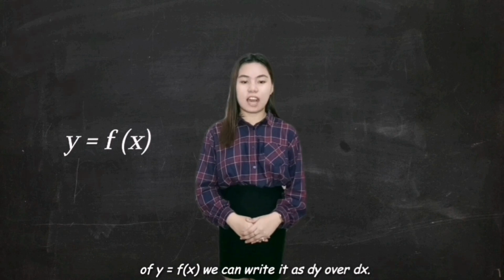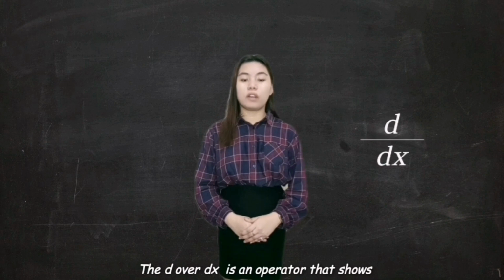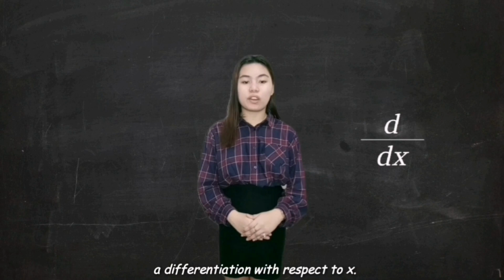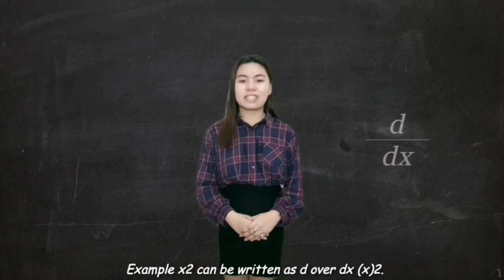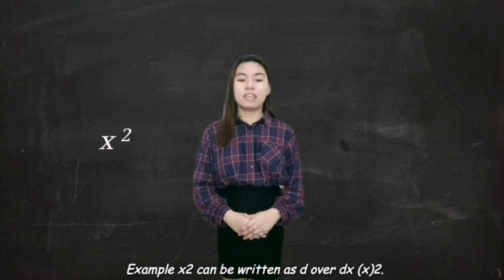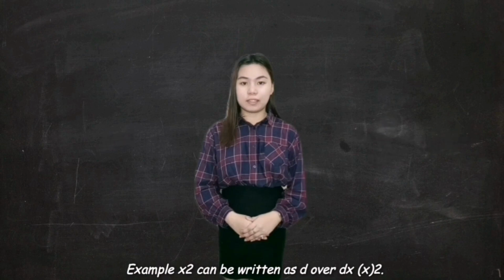We can write it as dy over dx. The d over dx is an operator that shows a differentiation with respect to x. Example, x squared can be written as d over dx of x squared.